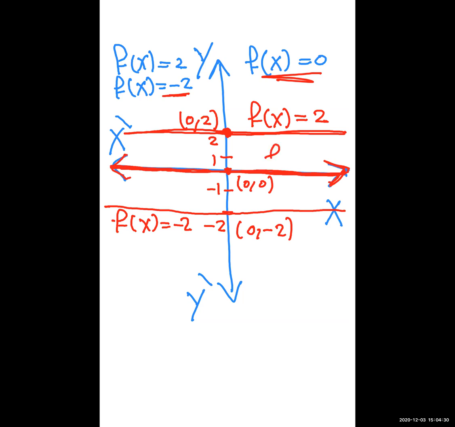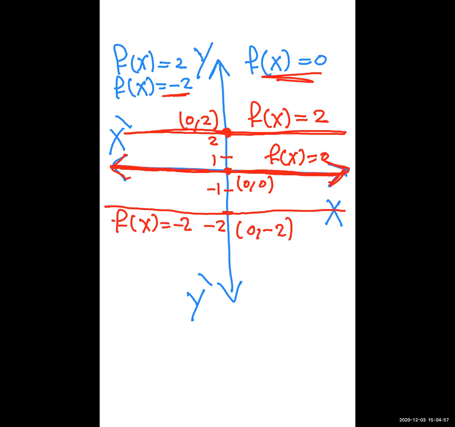So this one is f of x equals 0. Is it clear now, guys? The representation of the constant function? Yes. Okay, very good. Do you have any questions till now? No.